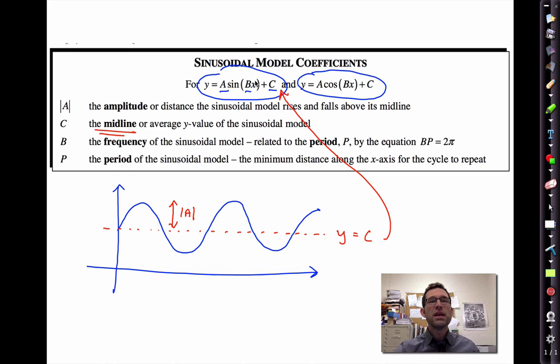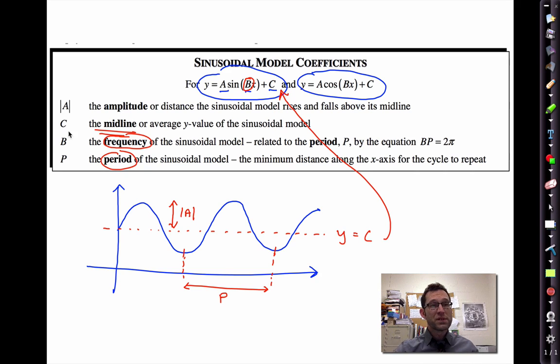And finally, B and P. B is what's known as the frequency, make sure to know this terminology, and P is the period. Remember, the frequency doesn't show up on the graph, but the period does. So the period is a horizontal measurement. It's the minimum horizontal distance it takes before the curve starts to repeat itself.